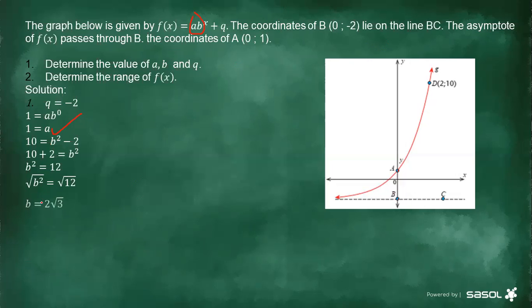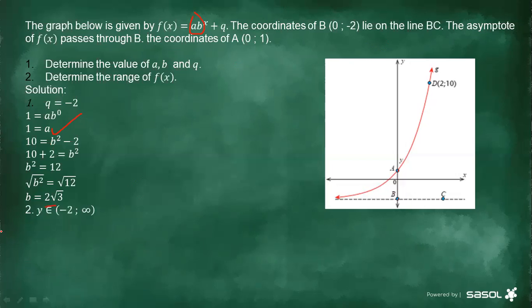Then the value of b is 2 square root of 3. That is the value of b.